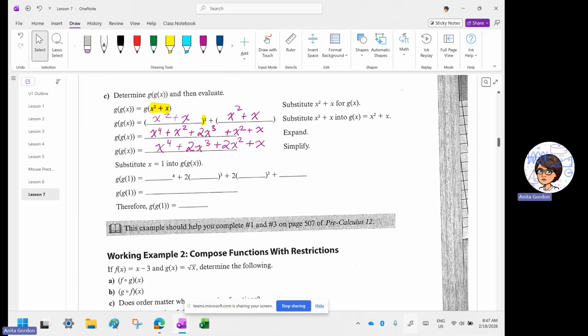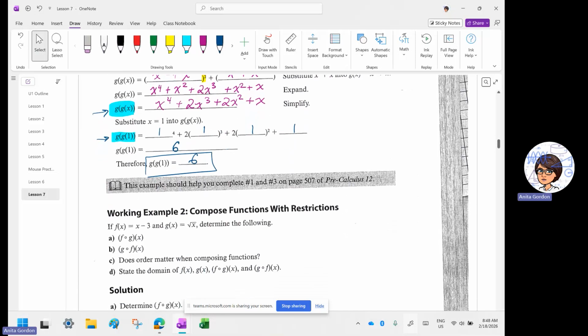If I didn't, I'm sure you will be able to fix it for me. So if I wanted to know what is g of g of 1, I take my composed function and I substitute 1. Once you have the general composition function, you can do any of these. So 1 to the fourth plus 2 times 1 cubed plus 2 times 1 squared plus 1. And this will give me what? 1 plus 2 is 3, plus 2 is 5, plus 1 is 6. Therefore, the final composition is 6.